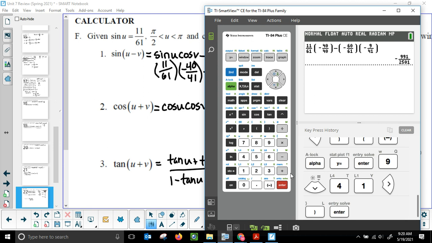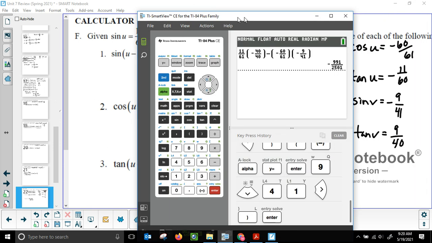All right, so we get negative 991 over 2501.